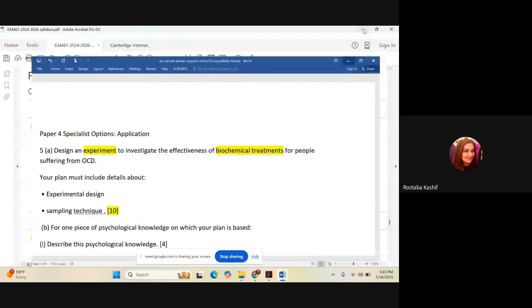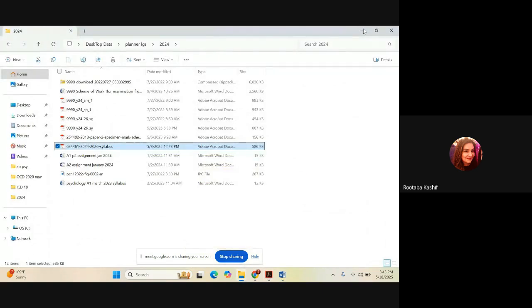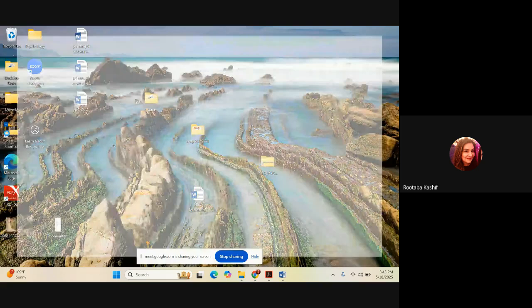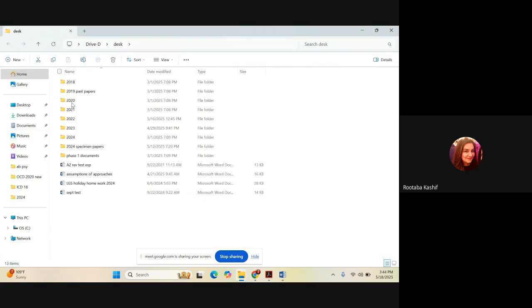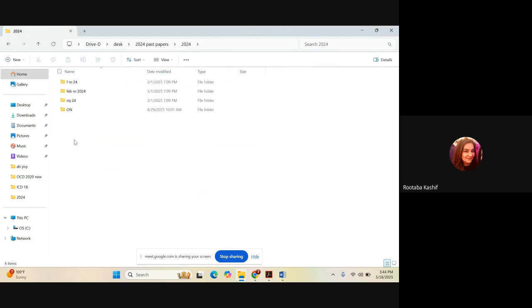And if you look at the overall marking scheme, I'm just opening that also for you, how the examiner is going to mark it.